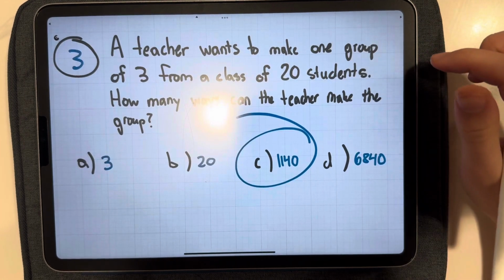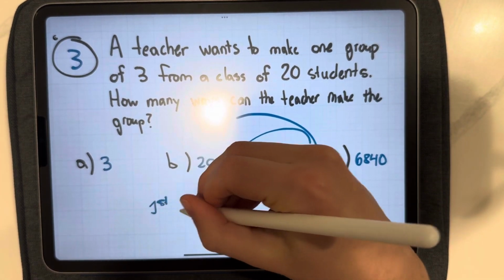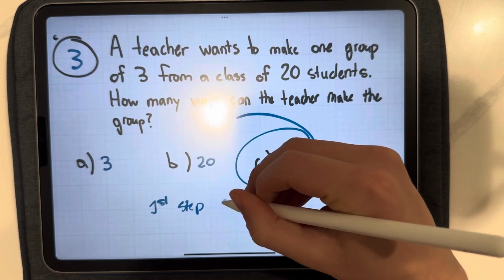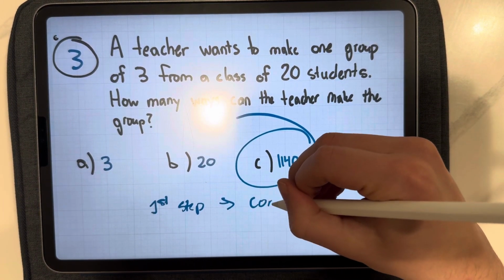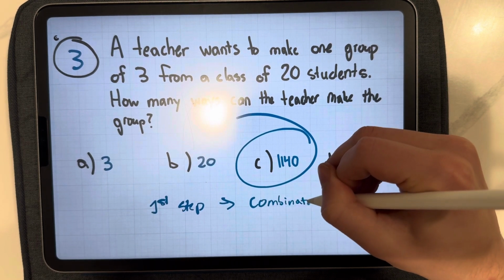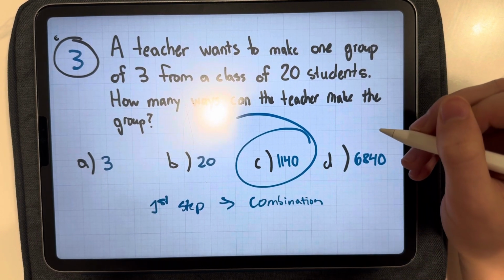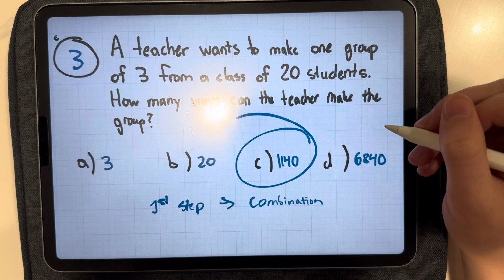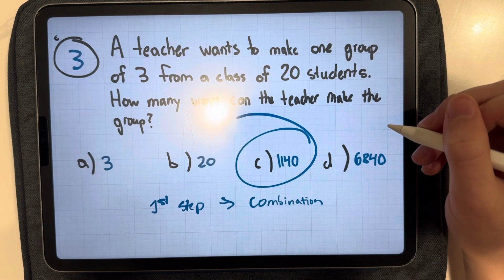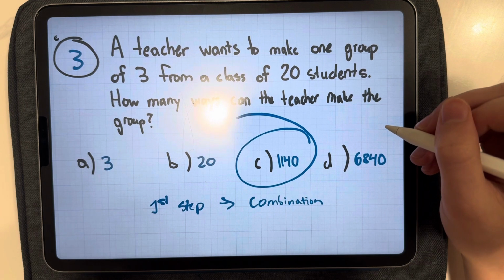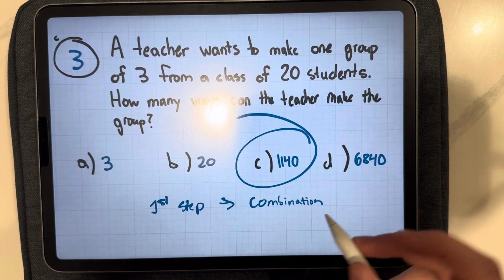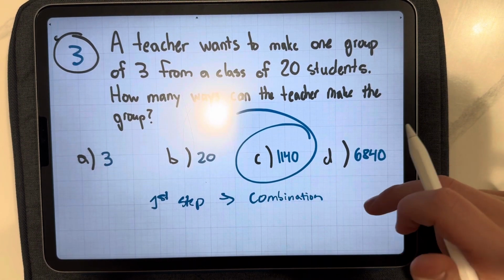The reason why is the first step is to determine if this is a combination or a permutation question, and this is a combination. Because if we had a group of people named Alex, Kevin, and Veronica, it would be the same group as Veronica, Alex, and Kevin. So this is a combination question. Now we just have to plug in our numbers.